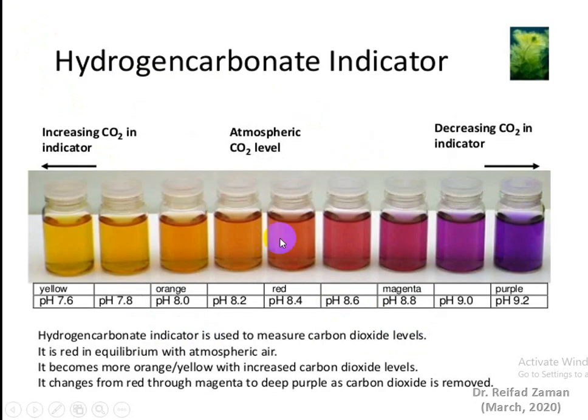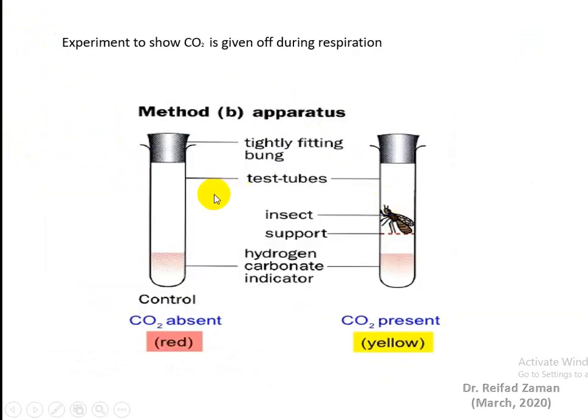As we have already seen, it means that the carbon dioxide level has increased in that chamber. So this experiment conclusively proved that living organisms produce carbon dioxide, and this carbon dioxide is actually produced by respiration.